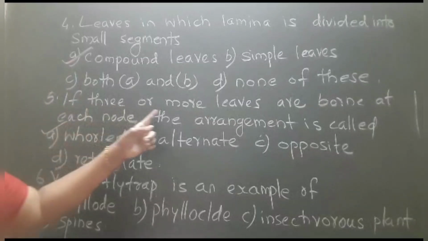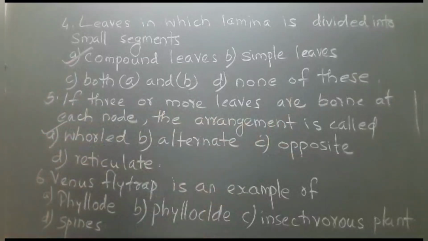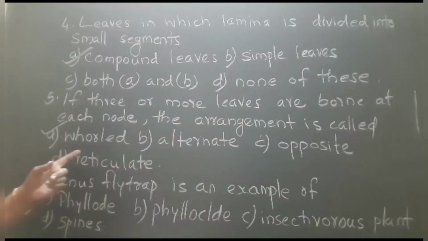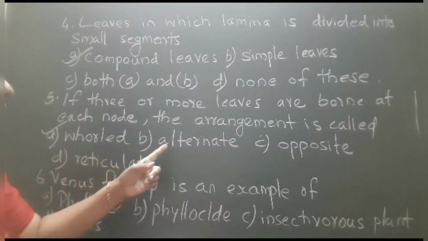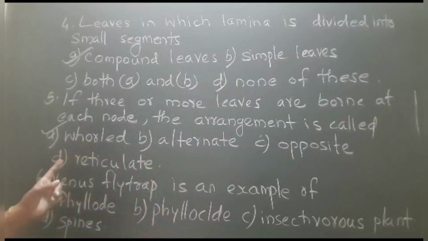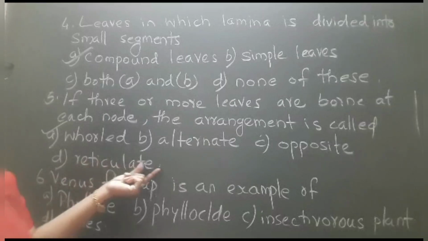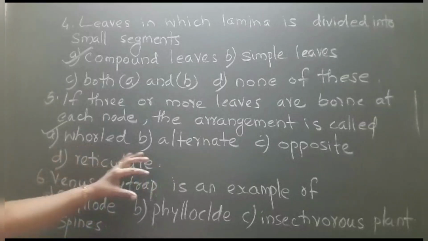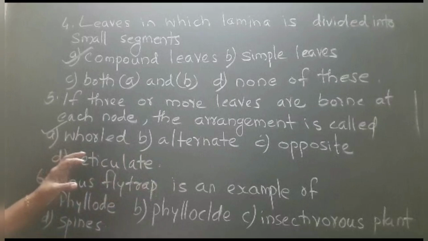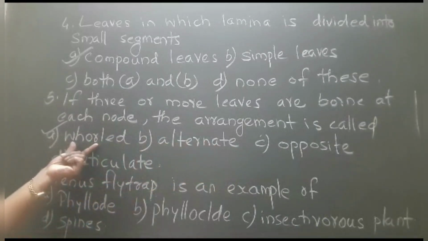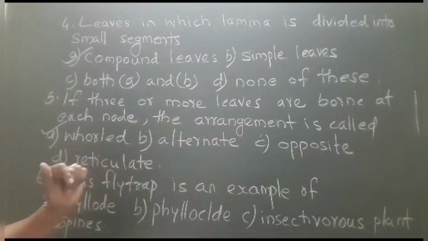Fifth one, if 3 or more leaves are borne at each node, the arrangement is called A, whorled, B, alternate, C, opposite, D, reticulate. Here D, reticulate is absolutely wrong because reticulate is in venation. So this is not the right answer. Then there are 3 options left: whorled, alternate, opposite.